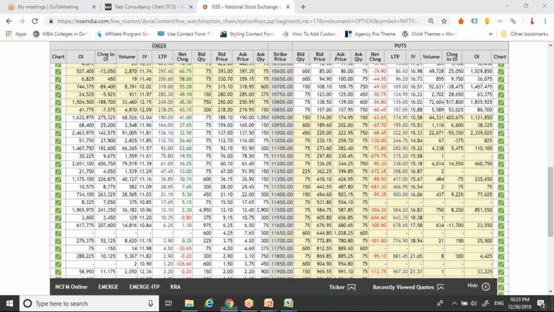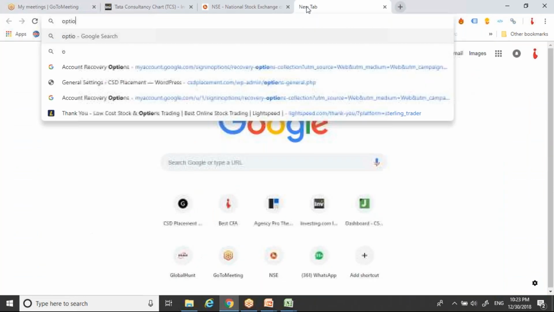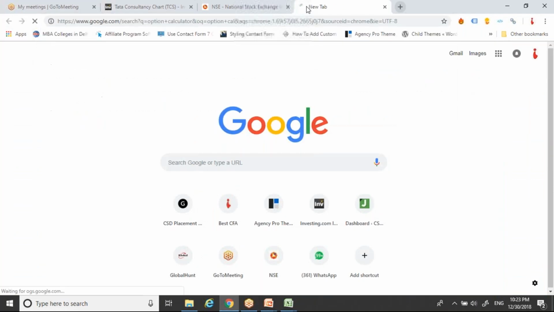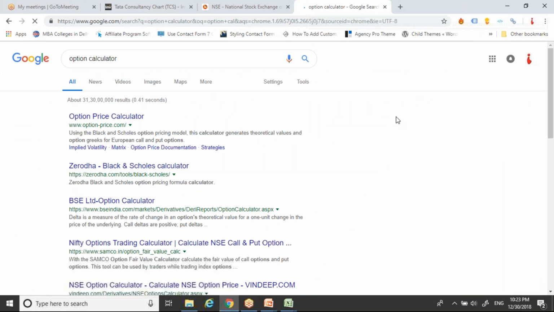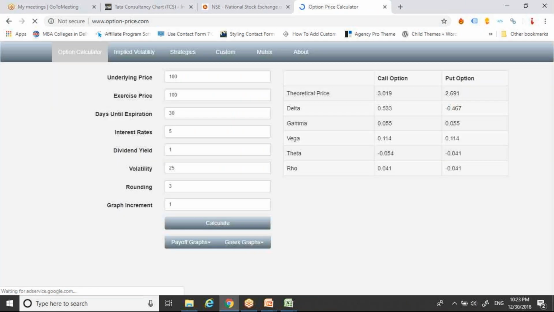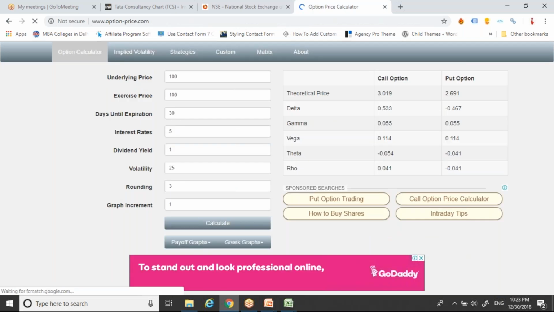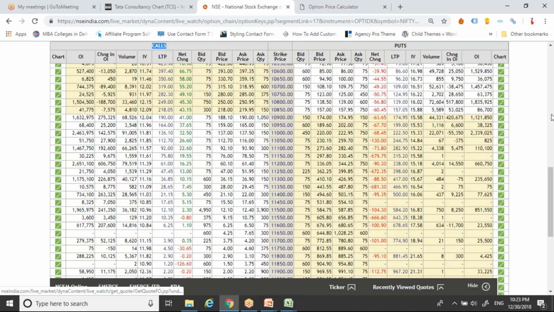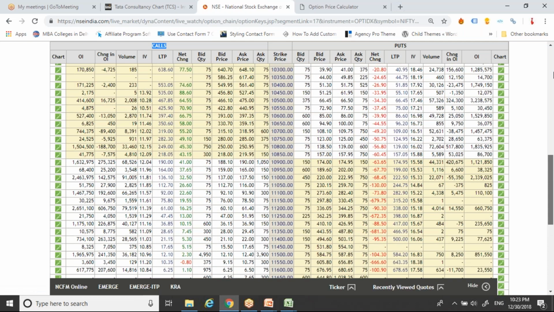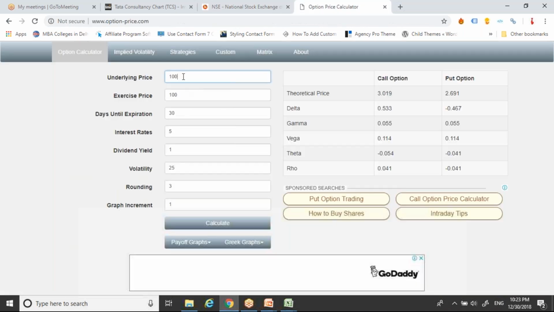Let's take an example of how delta works. Let's open an option calculator. So optionprice.com, option calculator. Now let's take the values. We have the underlying price, that is right now 10,859. So Nifty is 10,859.